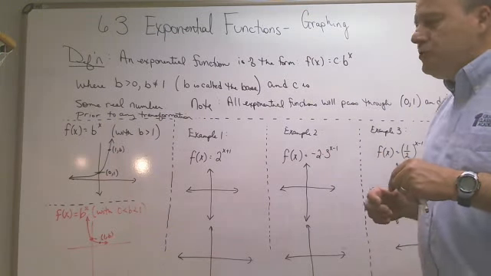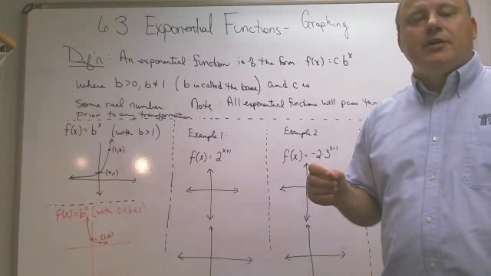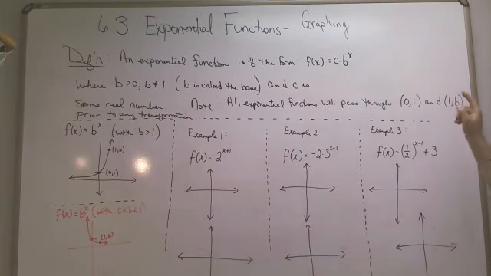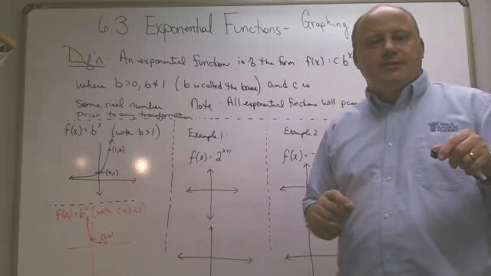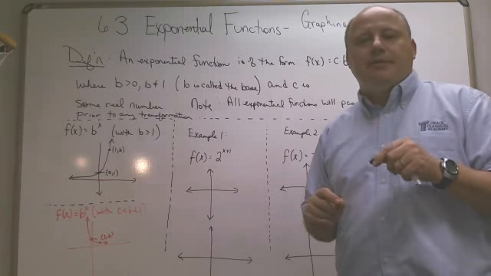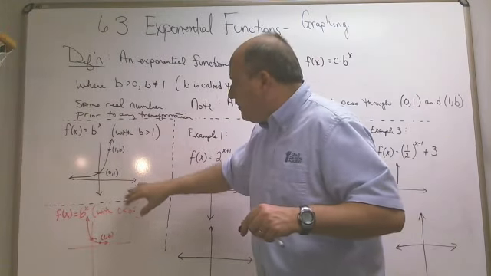And I want you to note that all exponential functions, before you apply any transformation to them, will always go through the ordered pairs (0, 1) and (1, the base). So if you had f of x equals 2 to the x, it'll go through (0, 1) and (1, 2), because 2 would be the base. I demonstrate that here with a couple of pictures.